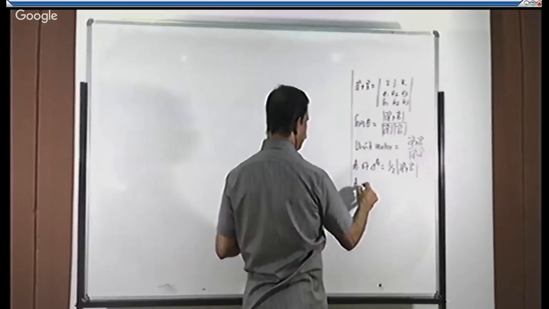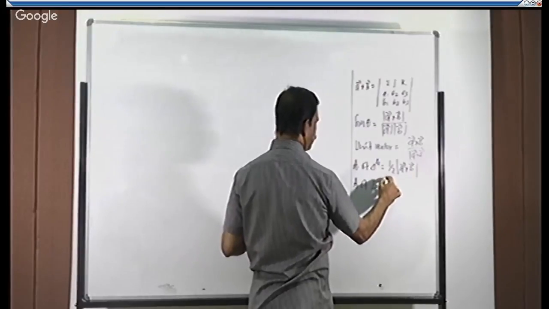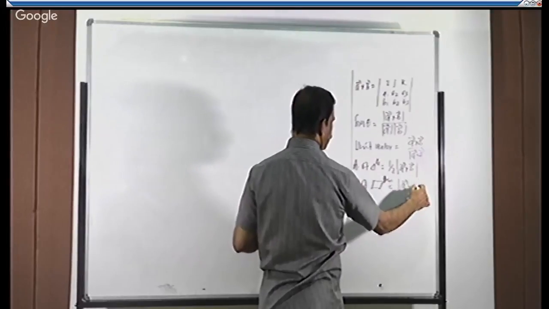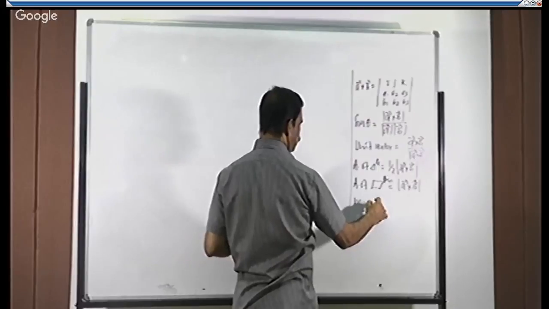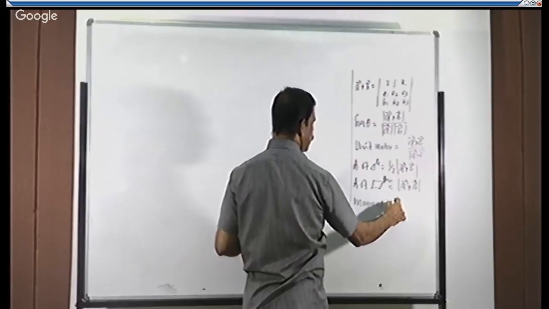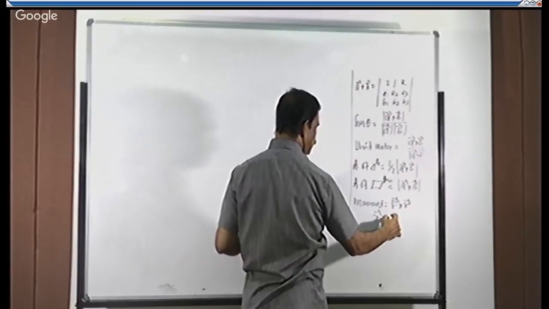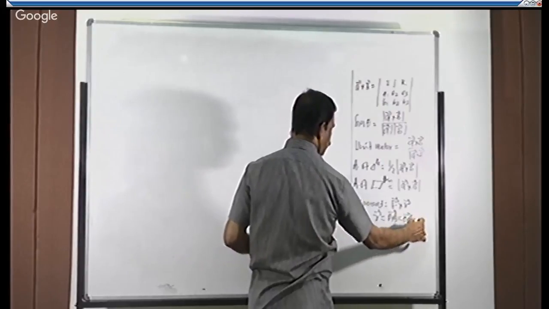Area of parallelogram is magnitude of A cross B. And the application is what? Moment. Moment is equal to F cross R, where R is equal to AB, that is equal to OB minus OA.